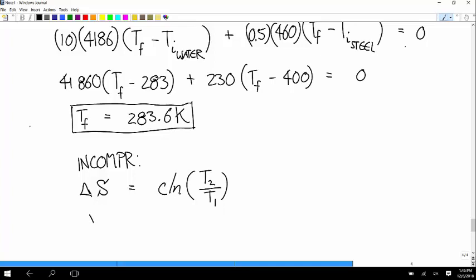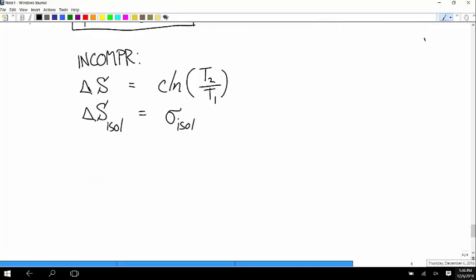And we know that for an isolated system, the total change in entropy is just equal to the entropy production. And so now we can try out these two possibilities.